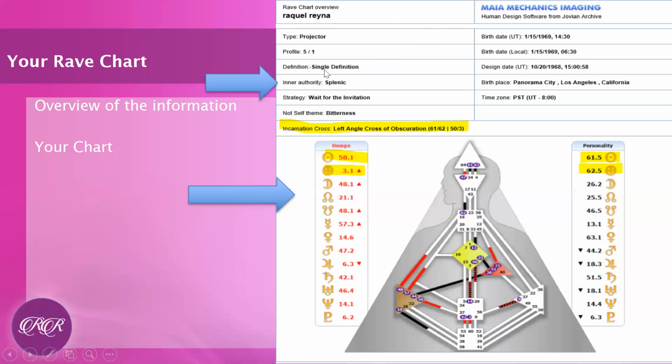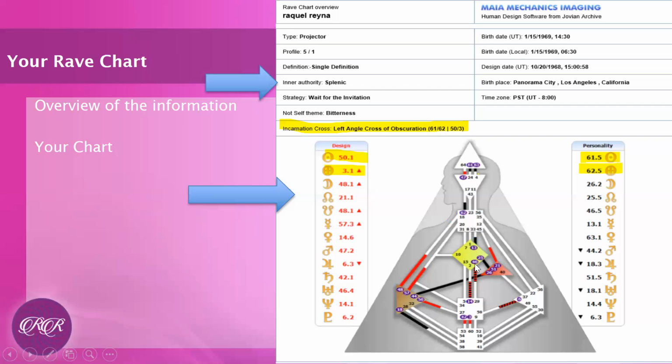The definition you'll find right here. This is either going to be a single, a split definition, triple split definition, and in rare occasions you might see quadruple split. And basically what that means is your inner wiring is, for me, I'm a single definition. This is my chart, by the way. And you can see that all of my definition is in one place.